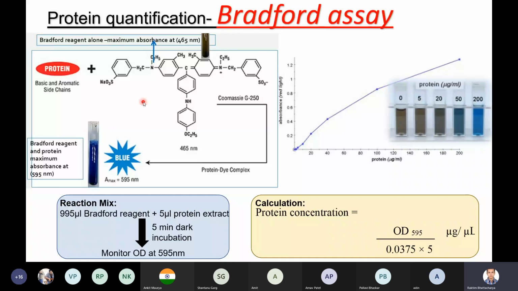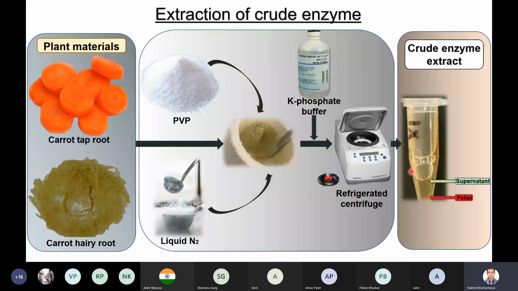So before assaying the particular enzymes, we need to check the protein content of this extract. If the protein content is okay, then we can say that the enzymes are present in your extract. If enzymes are not present, then the protein content will also be low.